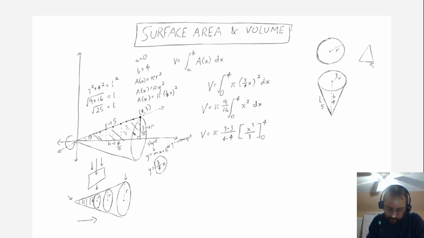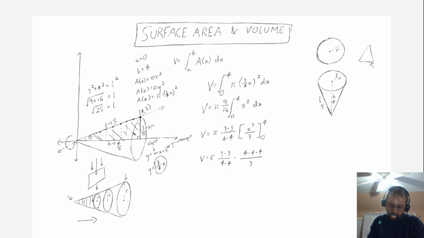So we have V equals pi times 3 times 3 over 4 times 4 times, we're going to have 3 4's on the top because that's what 4 cubed is, over top of 3. Now we can easily cancel some things.